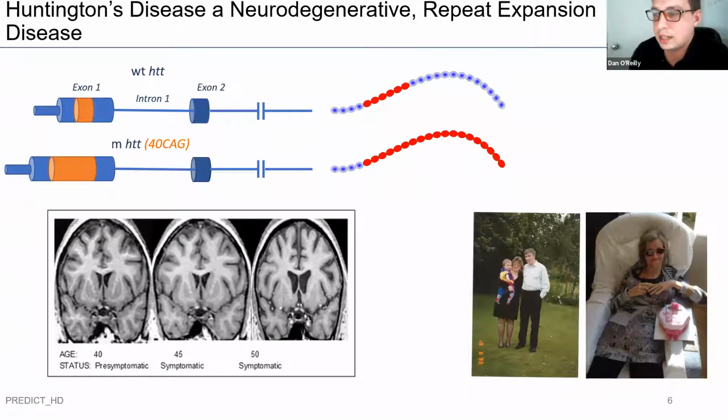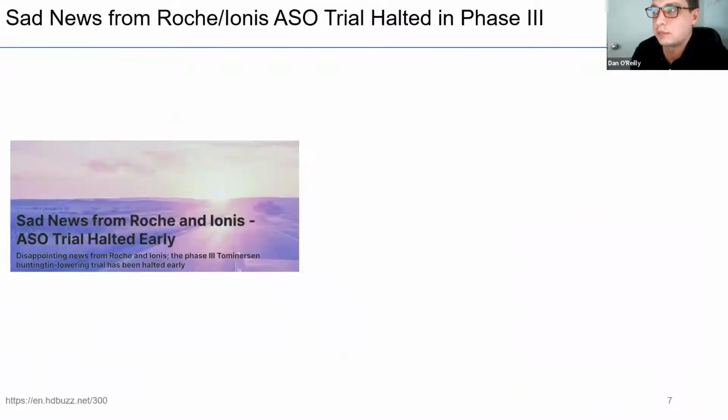And actually, there was an ASO in clinic by Roche and Ionis that did that, silenced the mutant Huntington, and was hoping to stop the disease. Preclinical data was very exciting, and it got to phase 3 clinical studies, but unfortunately, it then failed.